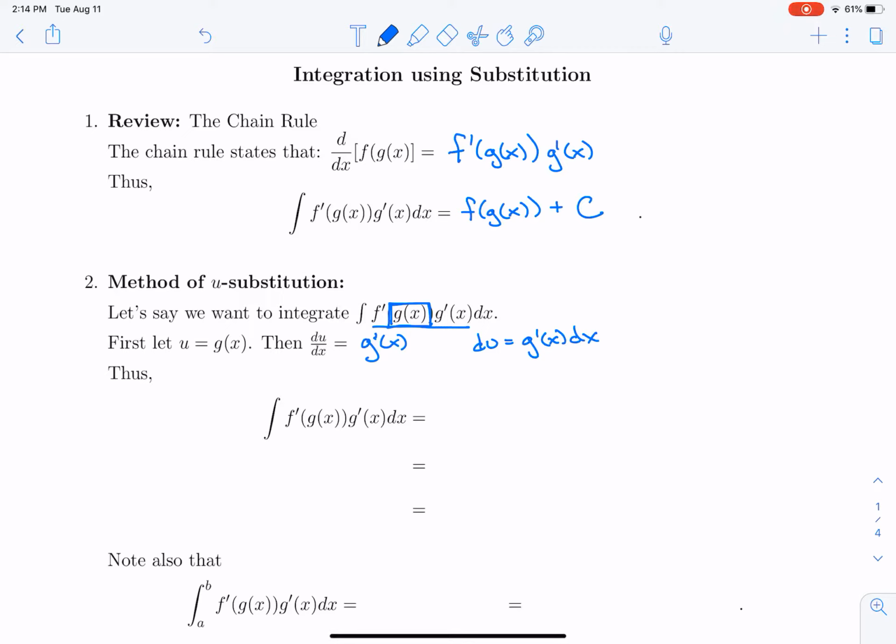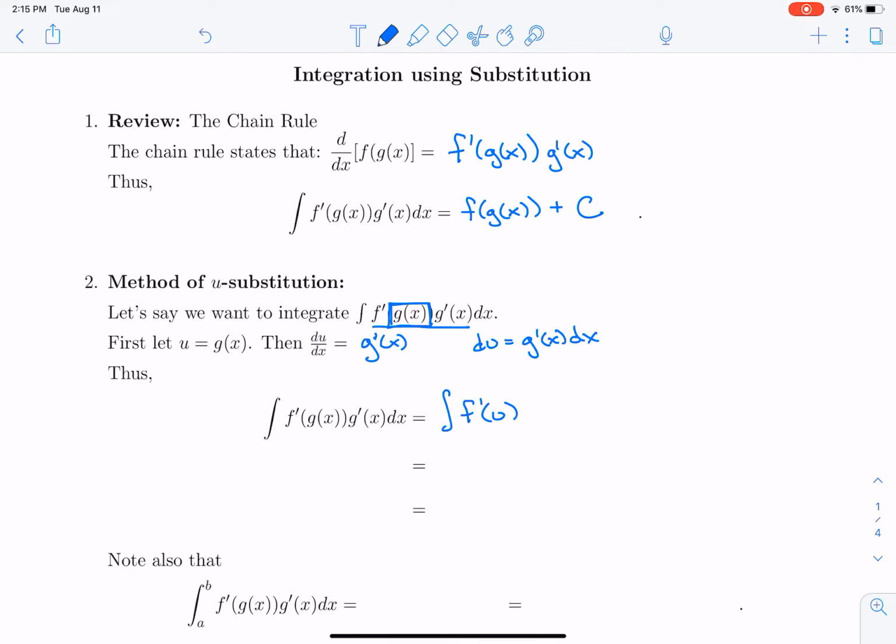And so what this allows us to do is to identify the function g of x that's the inside of a composition of functions and allow us to rewrite our integral. So the integral of f prime of g of x times g prime of x dx, we can really write as f prime of u.